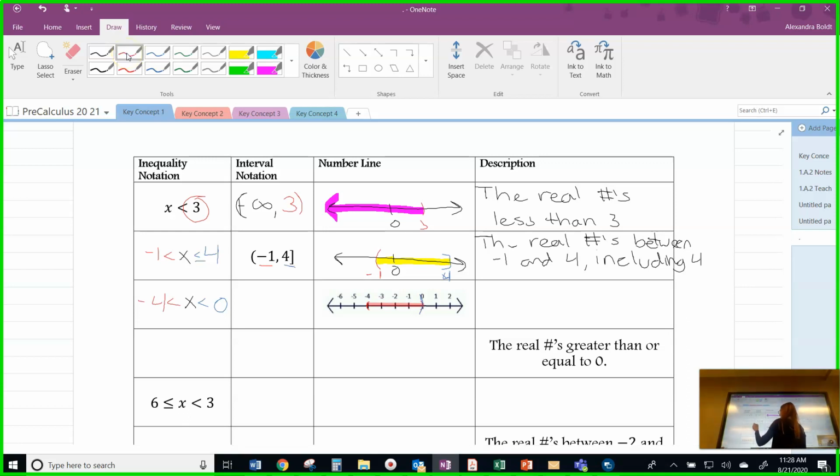Same thing here: I have a parenthesis, -4, comma, and then 0, also with parentheses. Our description is the same idea here. We're writing it this time: the real numbers between -4 and 0.